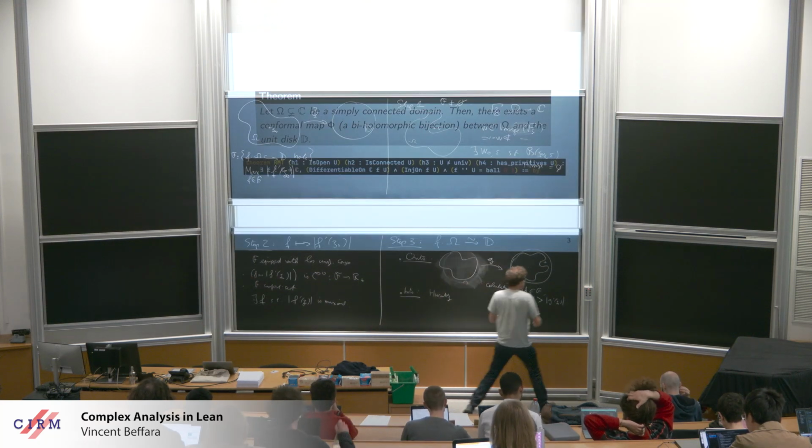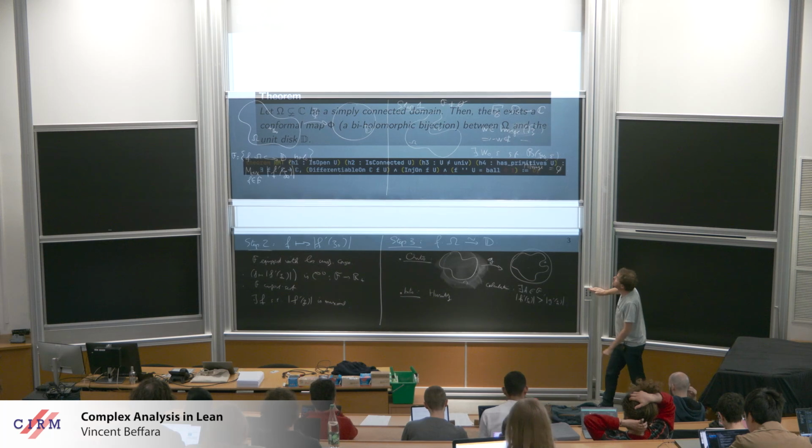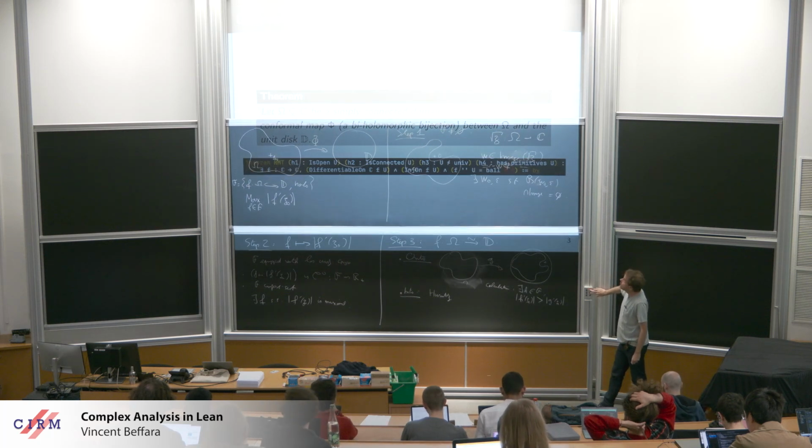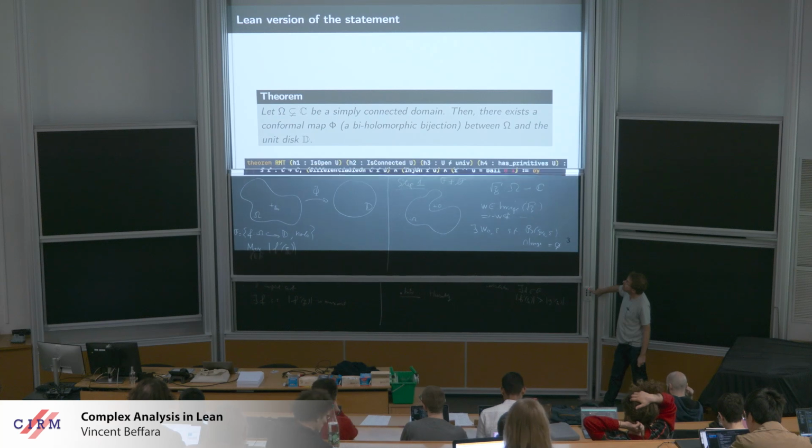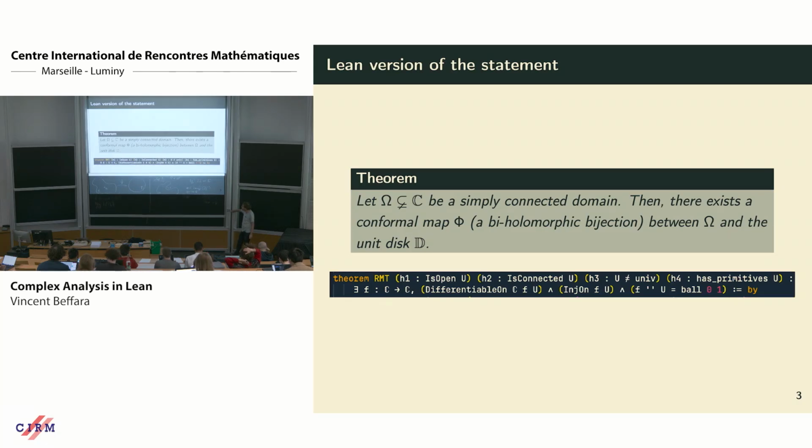So here is a restatement of the theorem in Lean. I just copied and pasted the informal statement here, and this is the statement in Lean. So it says you take a domain U, it's open, it's connected, it's not univ, so univ is the whole space.